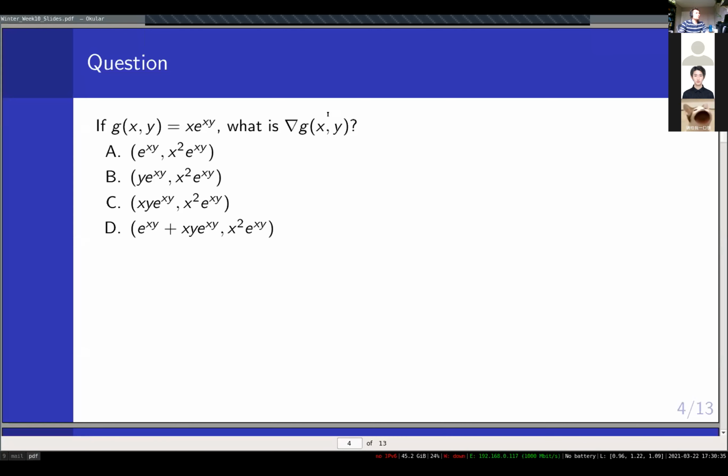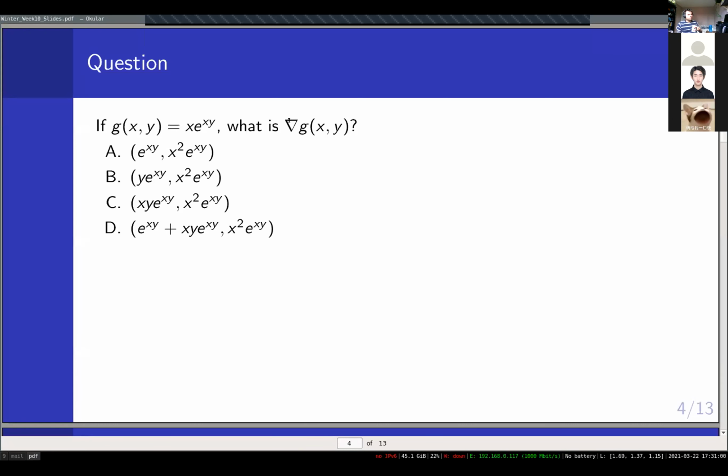For those of you who maybe don't remember, the gradient is the vector where the first component is the x derivative, the second component is the y derivative, the third component is the z derivative, and so on. In this case, we only have two variables, so it's just a vector of the x derivative and the y derivative.